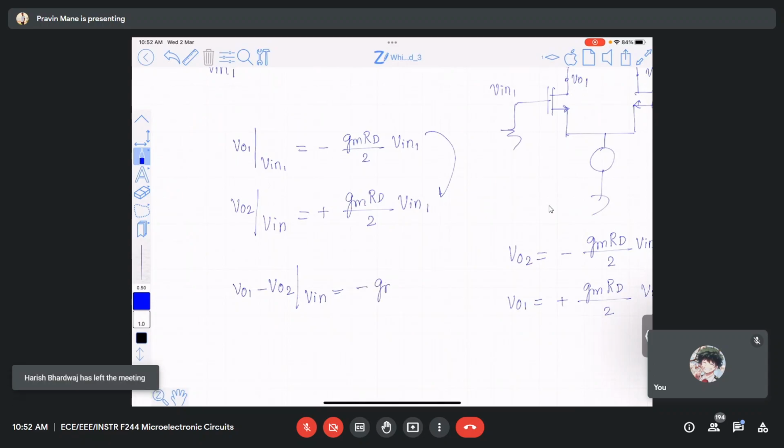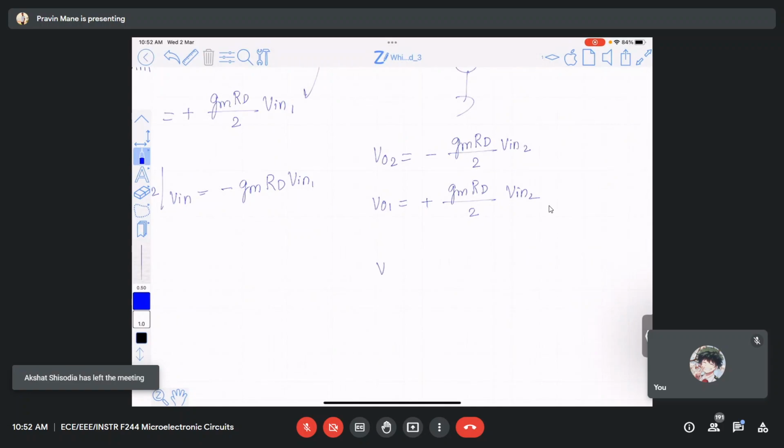Minus GMRD into V in 1, right? I subtracted this, so VO1 minus VO2 because of V in 1 is minus GMRD into V in 1. What will be VO1 minus VO2 because of V in 2? Plus GMRD into V in 2.